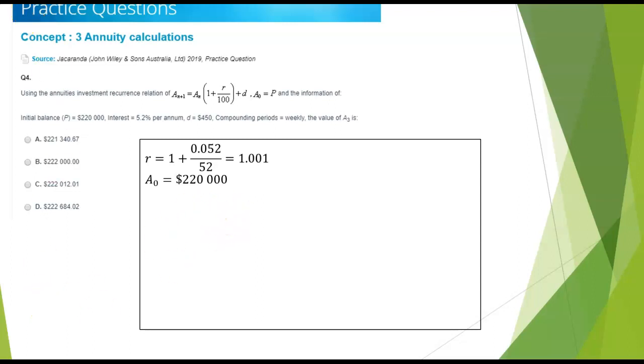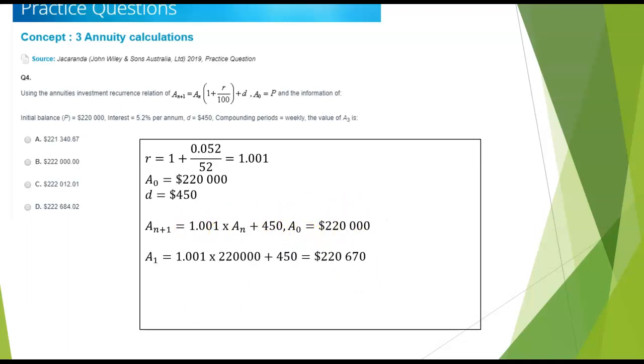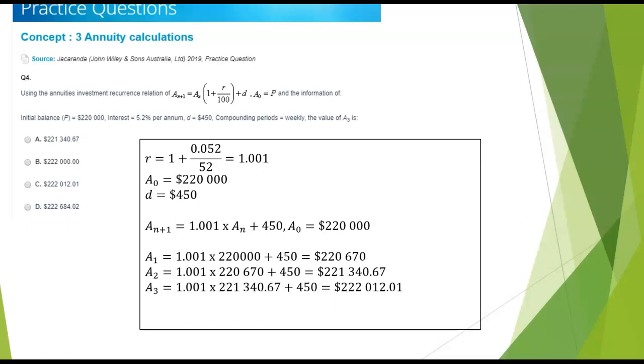That's our starting value. We're adding $450 each time. So here is our equation. A1, A2, A3. So our value after 3 is $222,012, and I've got 1 cent, but here we are, so it's answer C.